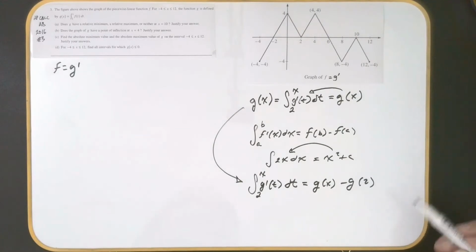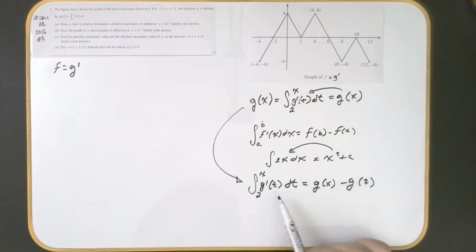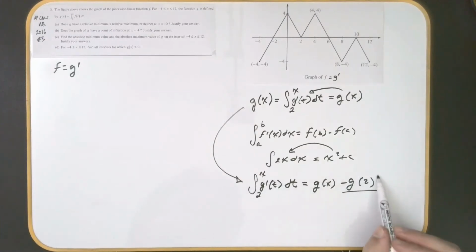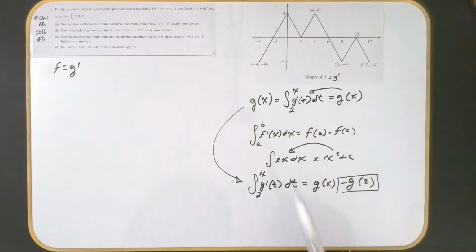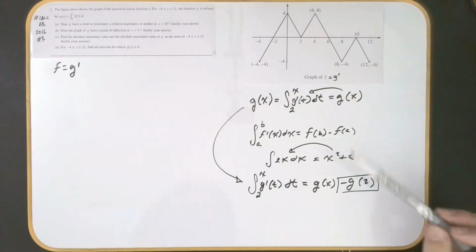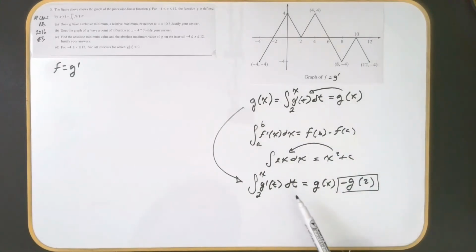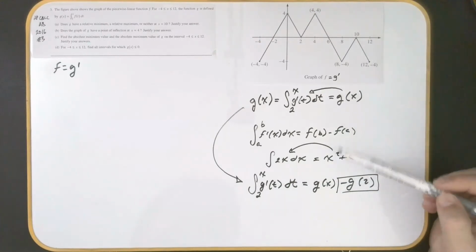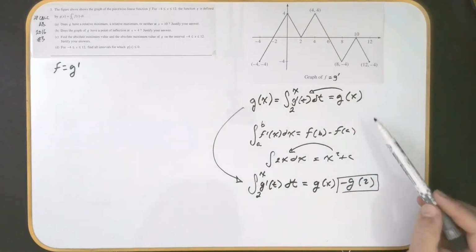The problem is, or this should be understandable, but the odd part is, what happened to g of 2? How come g of 2 was not in the original statement here? Why did they define g of x as only the integral here? Where's g of 2? That part of the fundamental theorem is not in the actual statement.